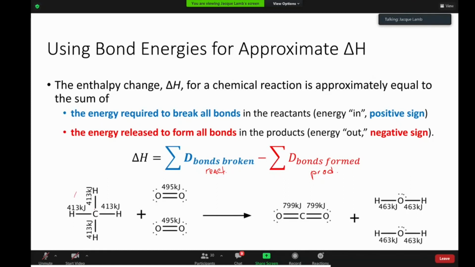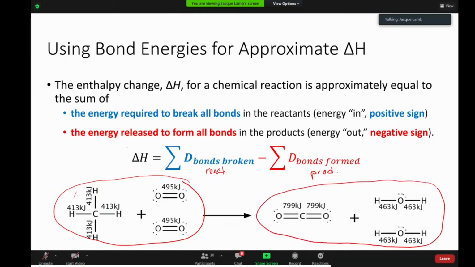We can calculate all the energy it takes to break all of these bonds, and all of the energy that is released when we form all those new bonds. And the first number minus the second number gives us the delta H for that reaction. So we can use bond energies as another way of calculating delta H.